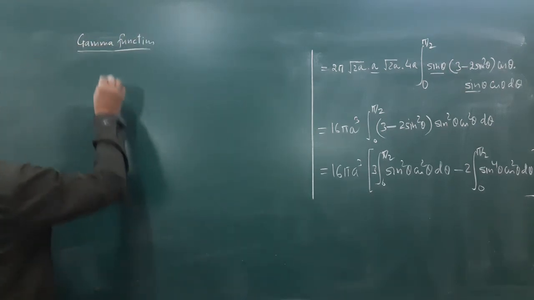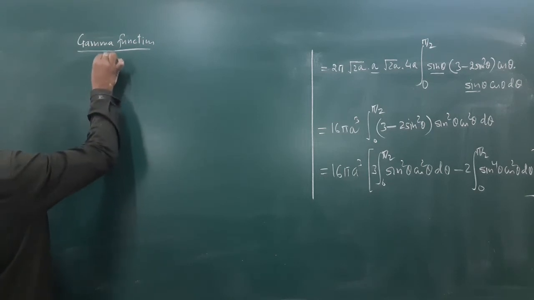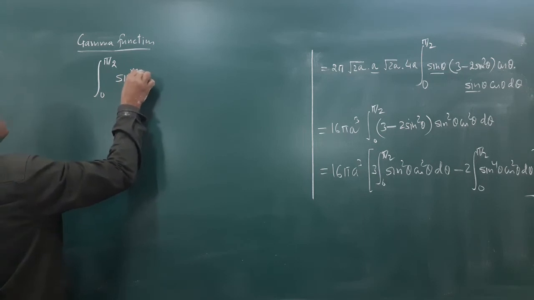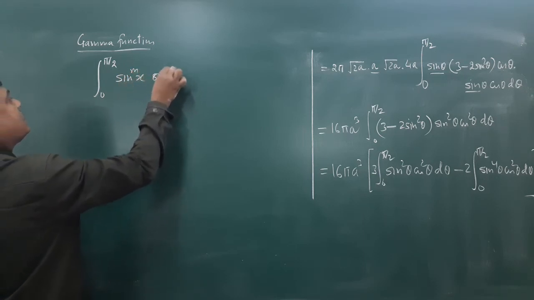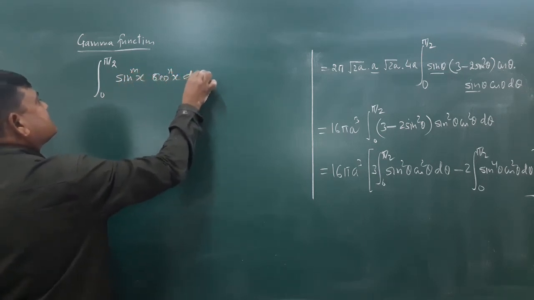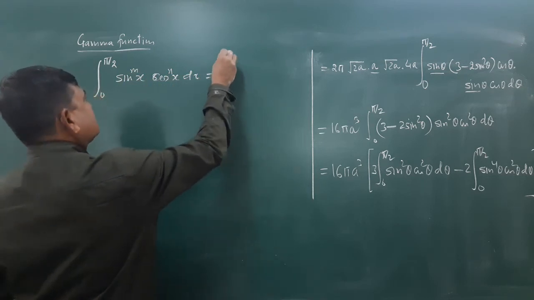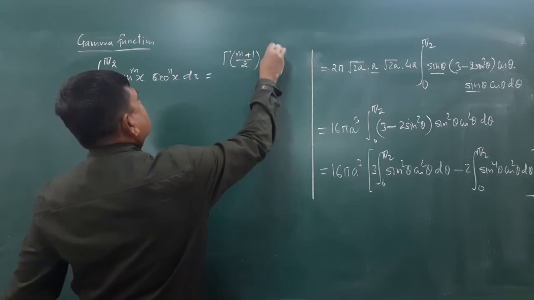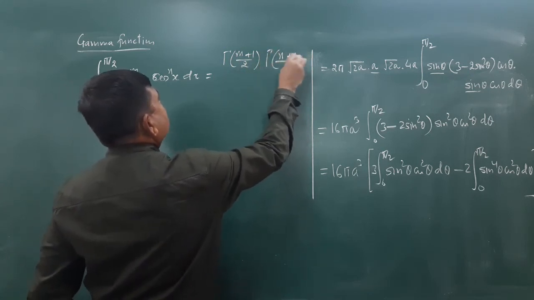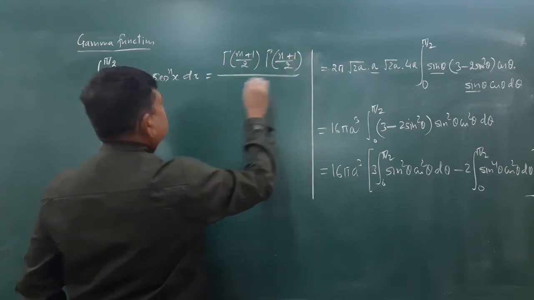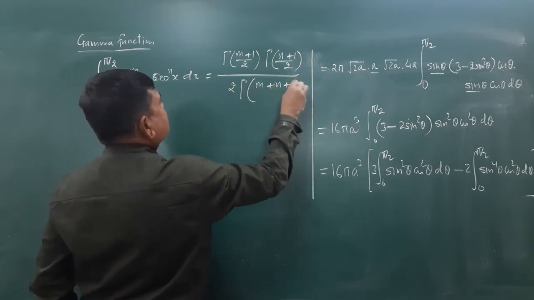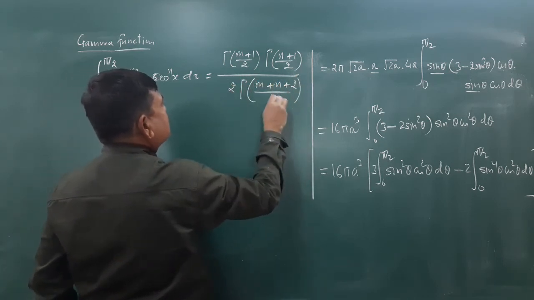Gamma function: the integral from 0 to pi by 2 of sine to the power m, cos to the power n dx, this is gamma m plus 1 by 2, gamma n plus 1 by 2, upon 2 gamma m plus n plus 2 by 2.